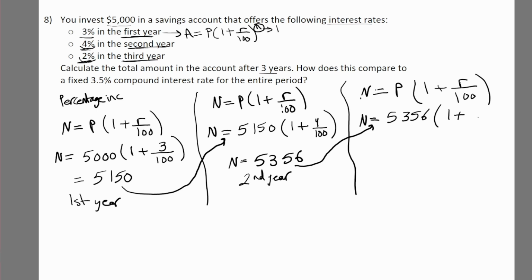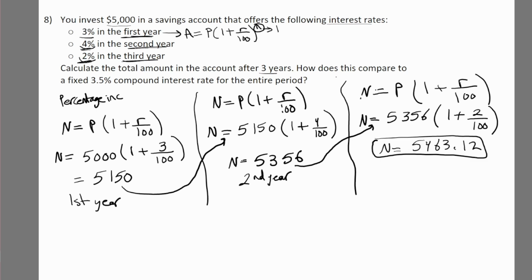So this percentage right here is 2 over 100. I'm going to plug this on the calculator, and we get that the final amount is 5,463.12. So basically we gained 463.12 in interest. This is the final amount after 3 years.